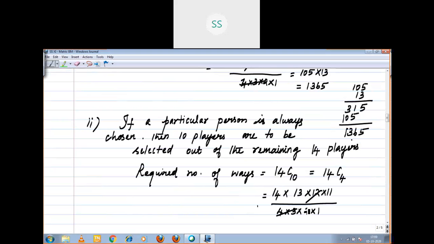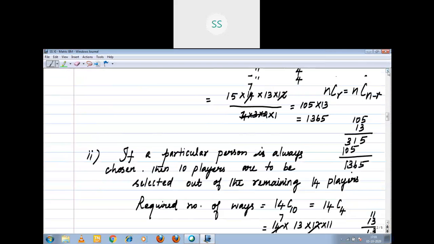Divided by 4, 3, 2, 1. 12 gone. Then it becomes 11. 7 into 13 into 11 is 143. 1001 ways.